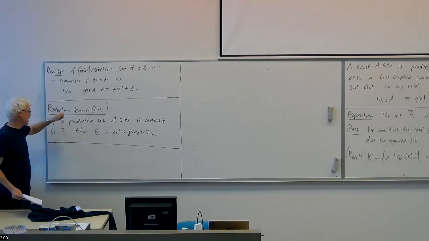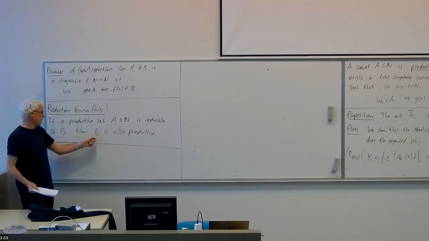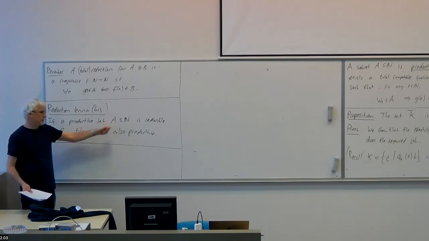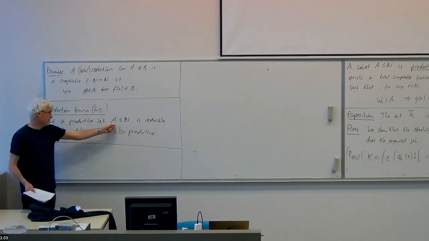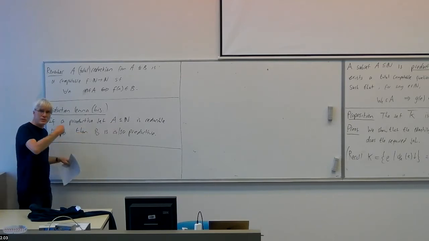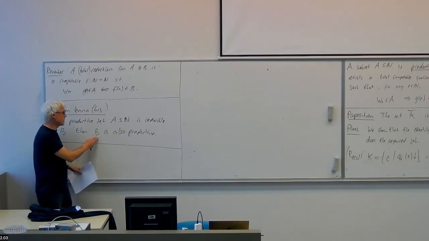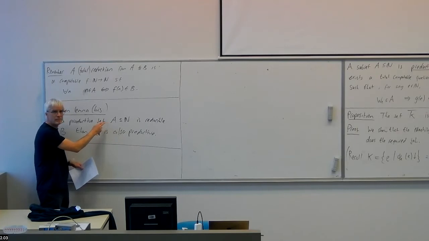Reduction lemmas we had last week were about transferring computability properties from B to A. So we had, if A is reducible to B, then if B is computable, then A is computable, and if B is computably enumerable, then A is computably enumerable.